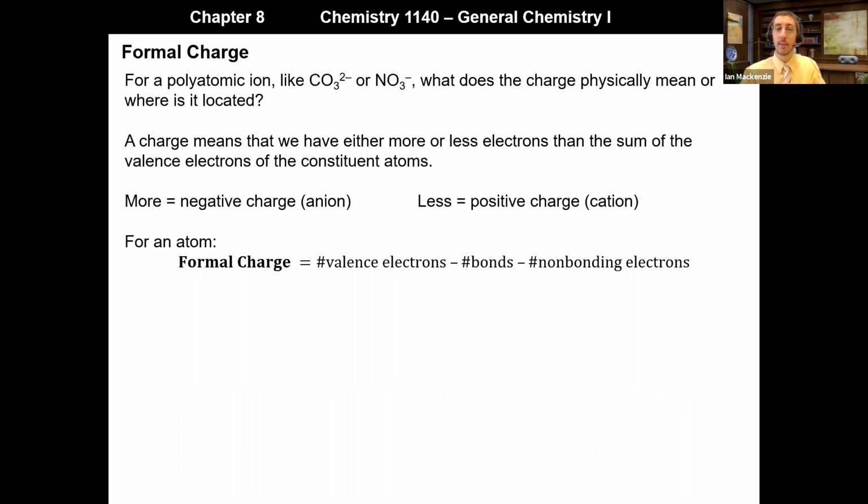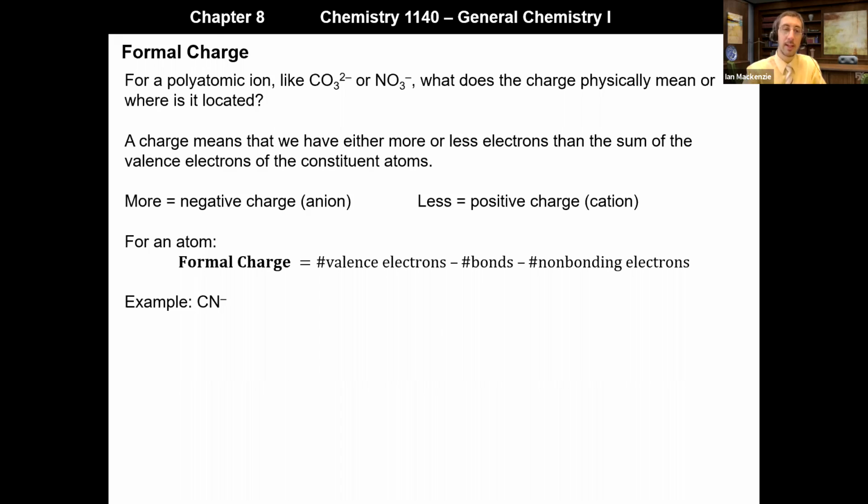The formula is simply: the formal charge for an atom is the number of valence electrons for that atom, the normal number for just the atomic element, minus the number of bonds that that atom has in the molecule, minus the number of non-bonding electrons. Those would be the electrons in lone pairs.